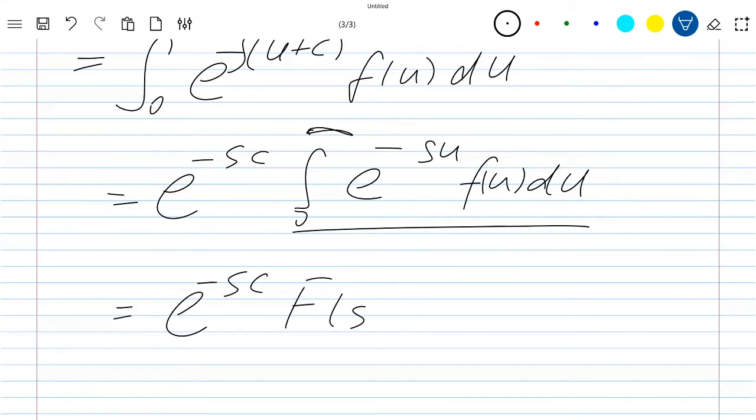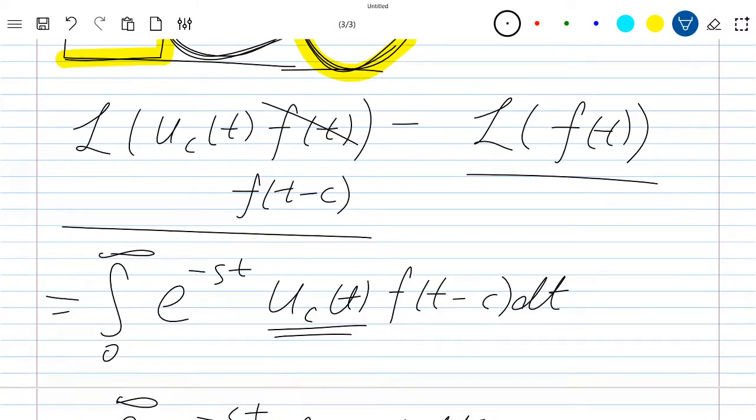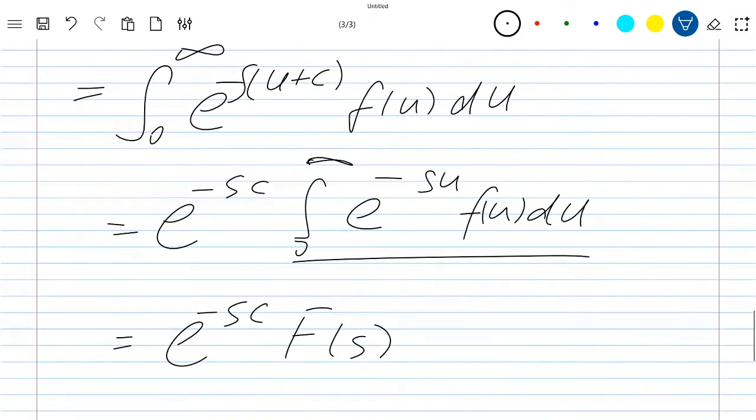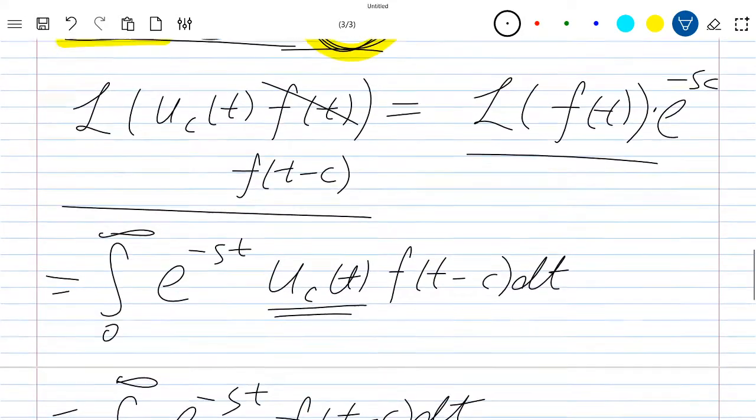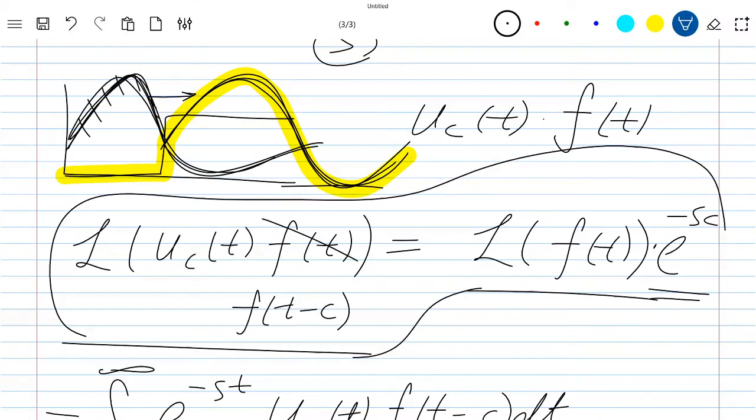So it means this is just equal to that times e to the negative sc. So it means if you shift a function to the right by c and fill the gap by 0, then the Laplace transform will be multiplied by an exponential function.